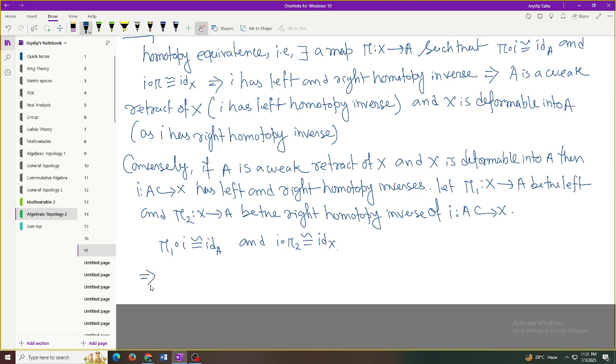So now you know the composition is well defined with respect to homotopy. π1 ∘ π2 is homotopic to ID. I write that: ID_A ∘ π2, that is π2.